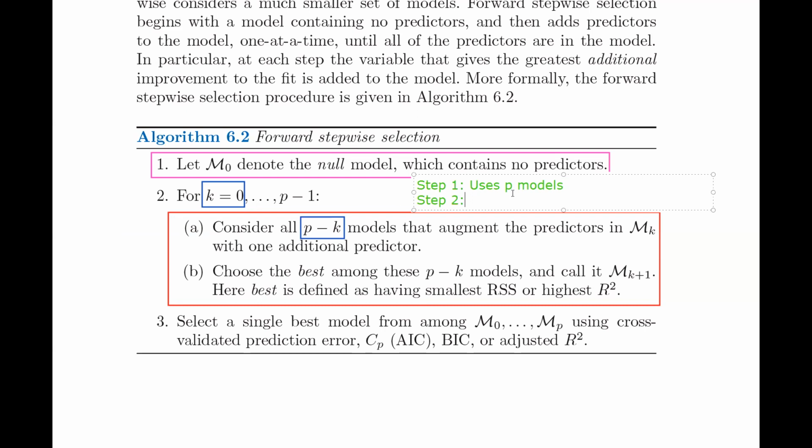So now k is 1. So this was when k was 0. This is when k is 1. And it uses p minus 1 models. Which p minus 1 models? Consider all p minus 1 models that augment the predictors in M_1.